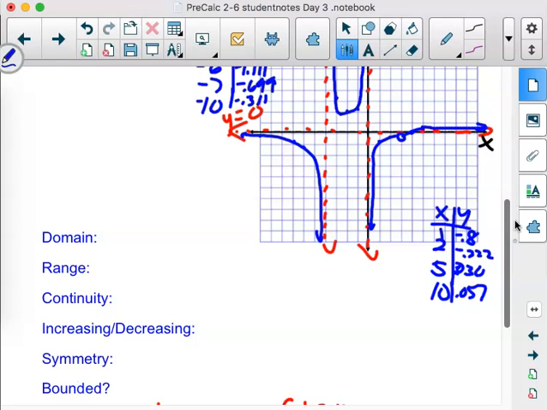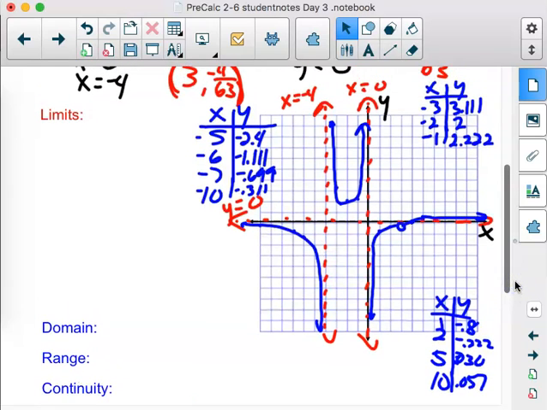And we have that information about the local max down there with our extrema. So that tells us that there's a local max. Those are some things we're going to have to keep track of as we try to do our analysis here.